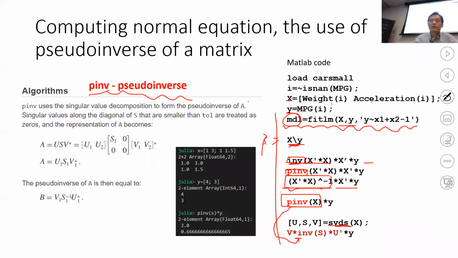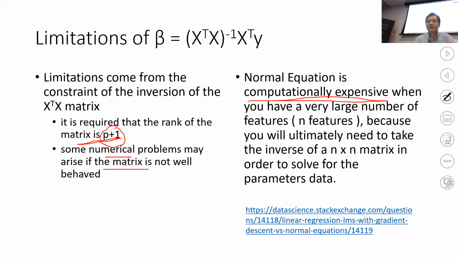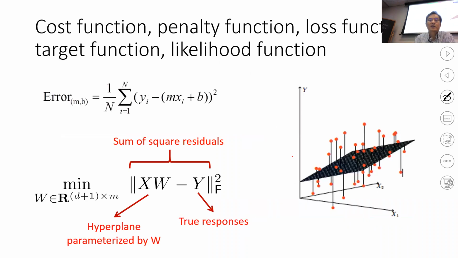It looks very simple, and when you code it, it's easy. But in reality, with all this inversion, when you have a large number of parameters and samples, it takes time. So our solution is to use optimization directly.